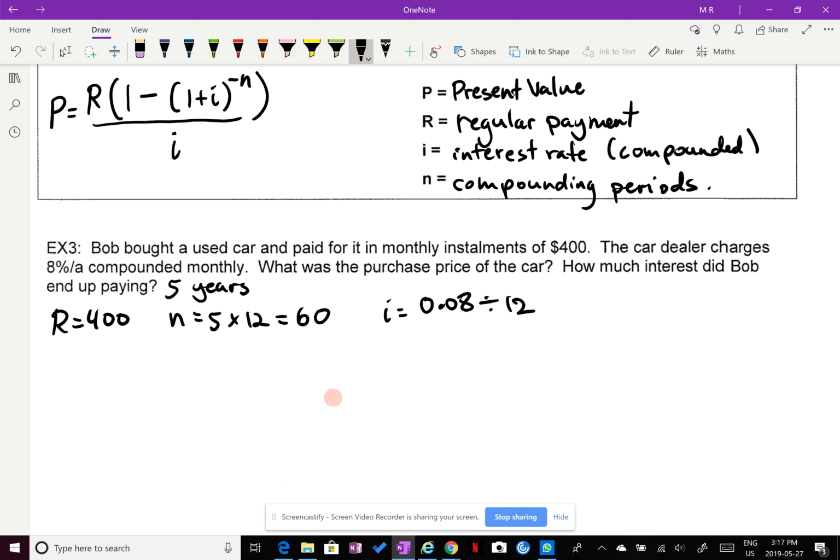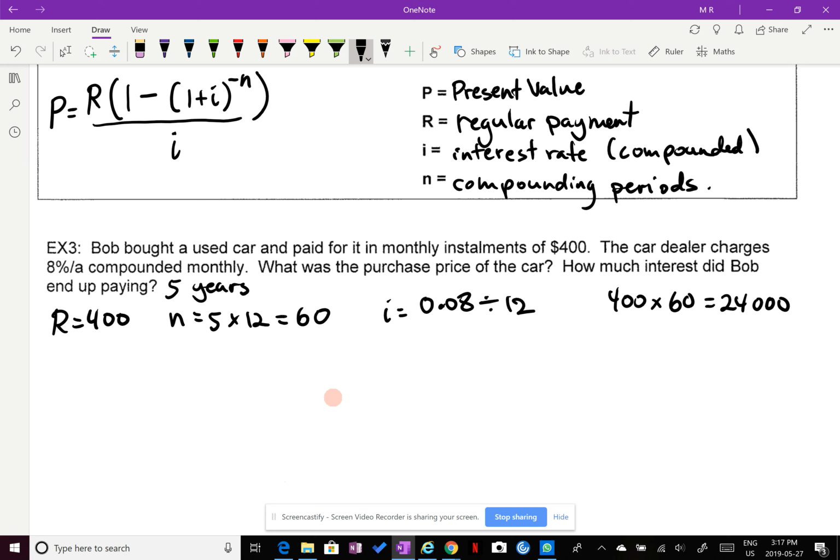So he paid $400 every month to pay off this car. There's some interest in there. Okay, so after 5 years, the car was paid off. We don't know the purchase price, but we do know how much he paid in total. He paid monthly installments of $400 times 60 payments, 12 times 5. That's a total of $24,000.